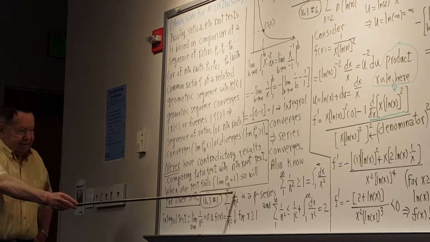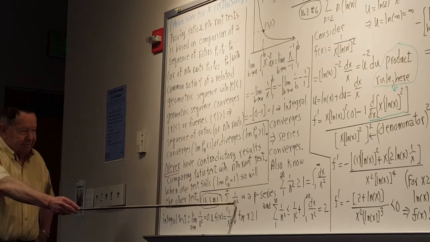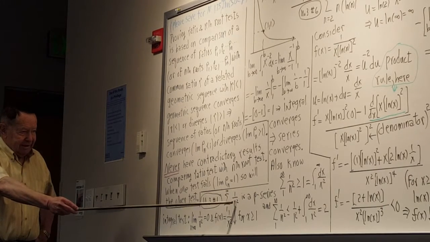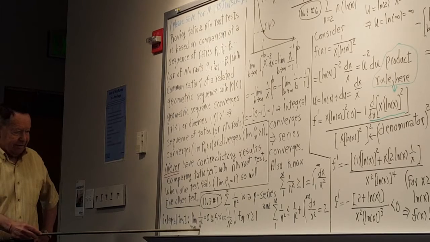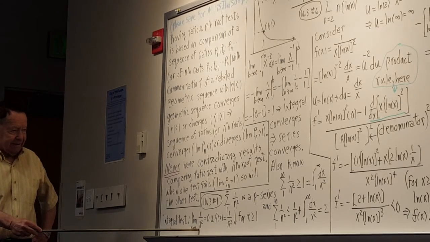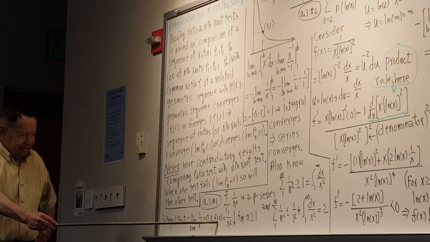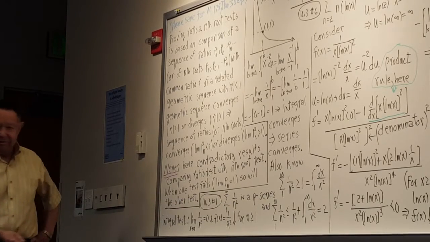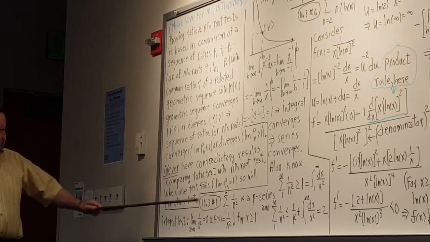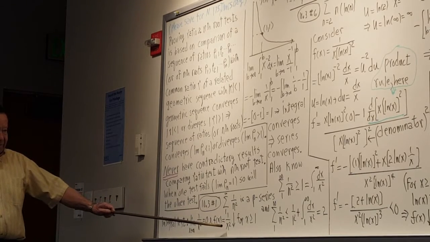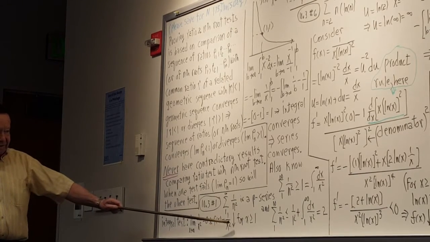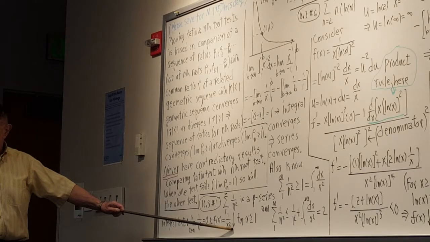So if you were doing this as an integral test, change the n into a continuous variable x, and think of f of x then, 1 over x squared. So to use the integral test, the f of x has to be a decreasing function from some point on.